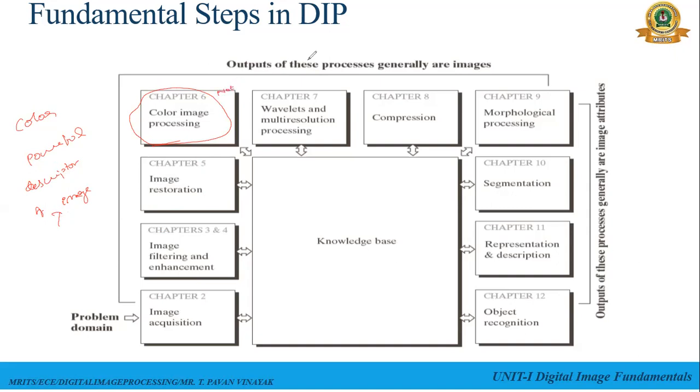The basic color system we have is RGB. Next, we have NTSC. Many color systems are there, but the basic color system is RGB. So what are the steps involved in color image processing? Generally, in olden days, we had gray images or black and white images.